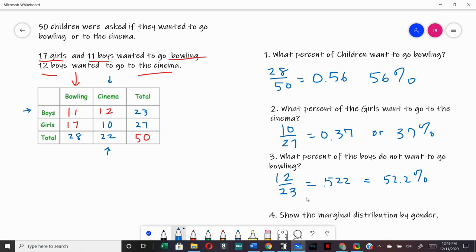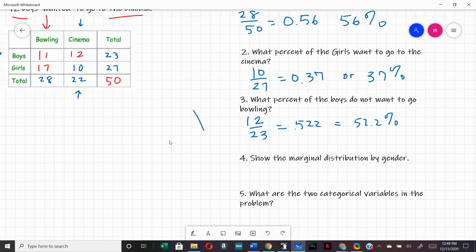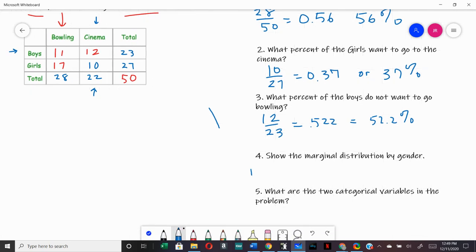And so now the next one says show the marginal distribution by gender. So what's the marginal distribution? If I'm looking at gender, I've got 23 boys, 27 girls. So my marginal distribution would be, for boys, 23 out of the total of 50, which is 0.46 or 46%.